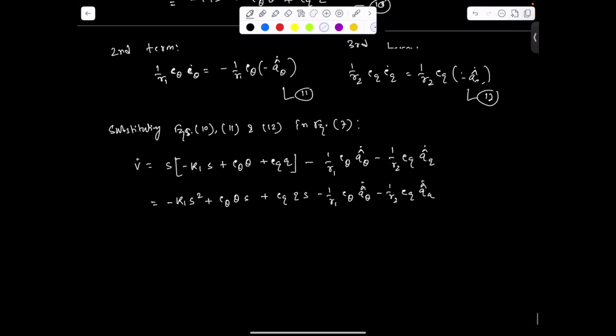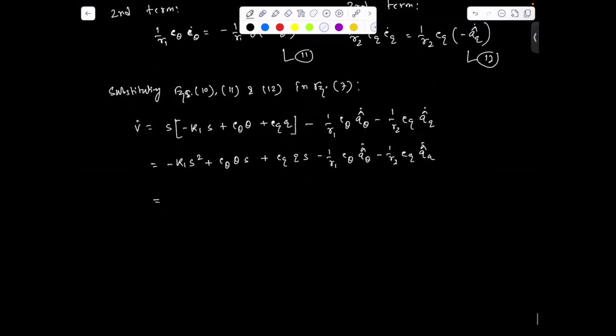Okay. And from this further we can write Q1 S squared plus E theta theta S minus 1 upon R1 E theta cap dot plus EQ QS minus 1 upon R2 AQ cap dot.